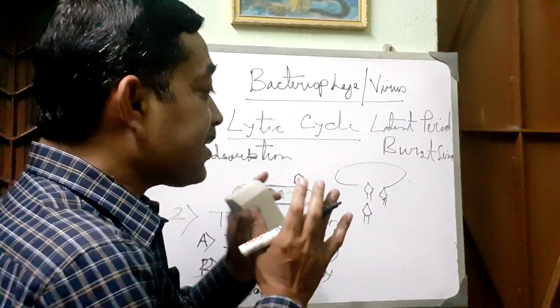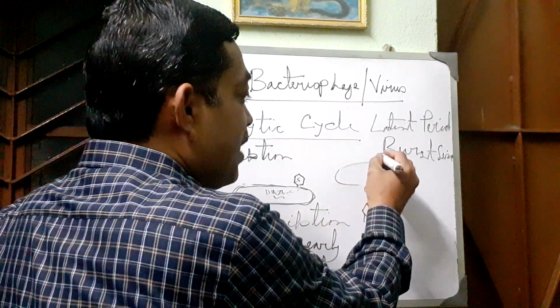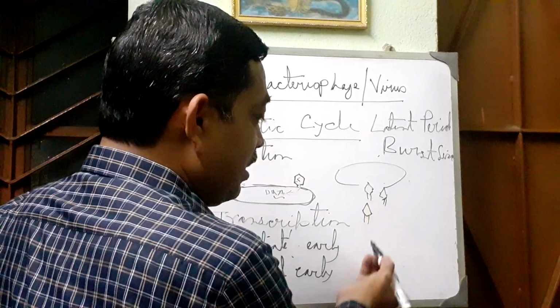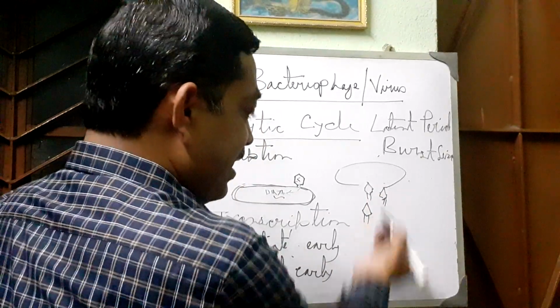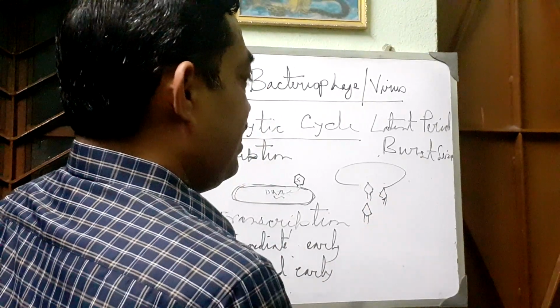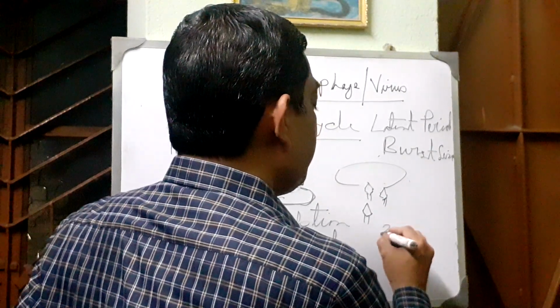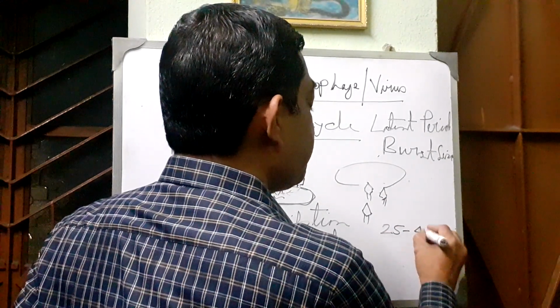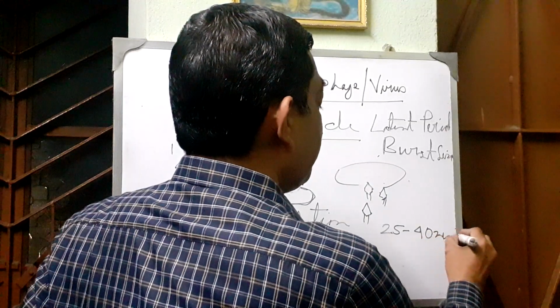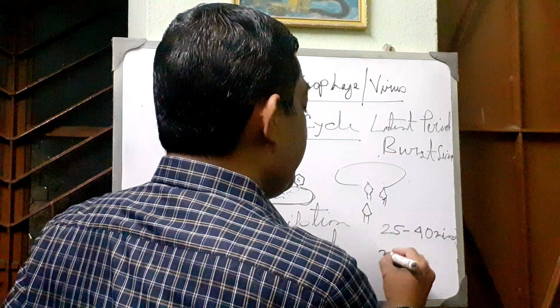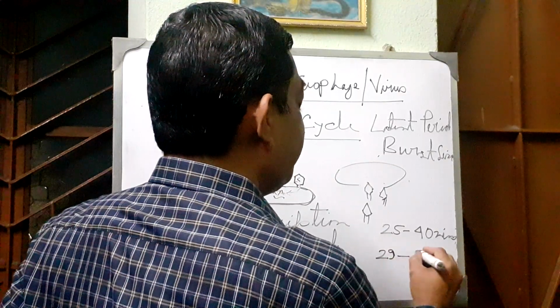The latent period is the time required from the adsorption time to the release of the bacteriophage. The latent period is generally 25 to 40 minutes, and the burst size is generally 29 to 133.